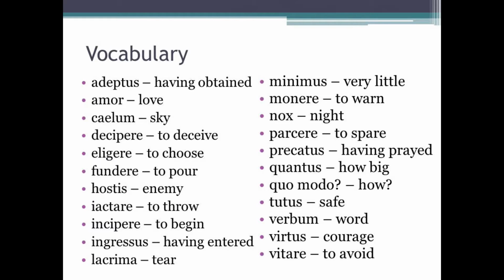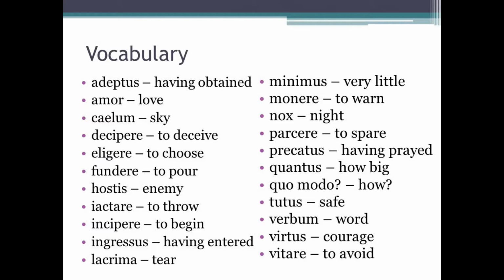Right, we've now covered the grammar, so it's time for the vocabulary, as always. Adeptus, having obtained. Amor, love. Caelum, sky. Decipere, to deceive. Eligere, to choose.